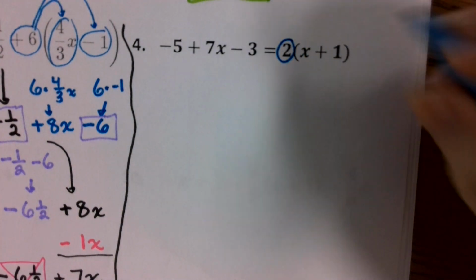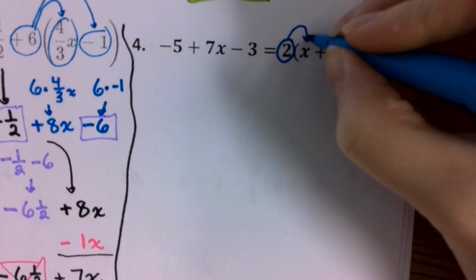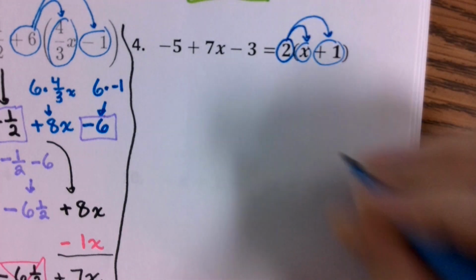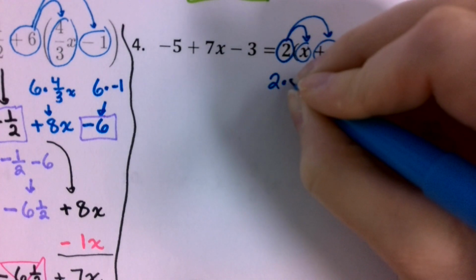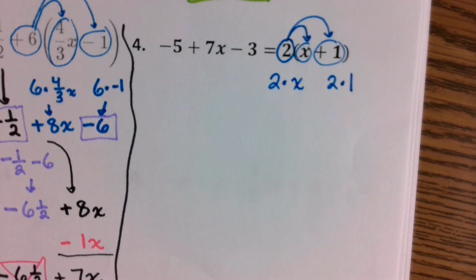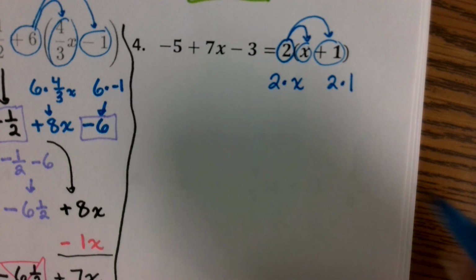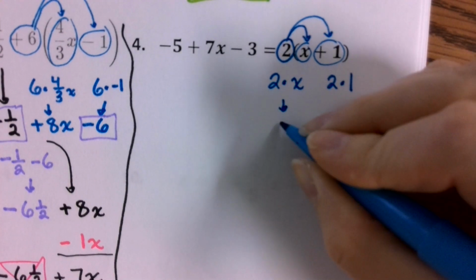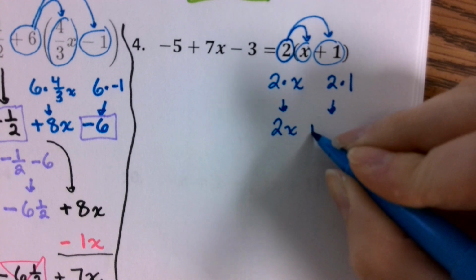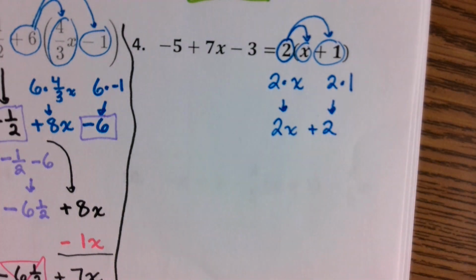We're going to distribute. We are going to do 2 times the x and 2 times the positive 1. 2 times x is 2x. And then 2 times 1 is a positive 2.